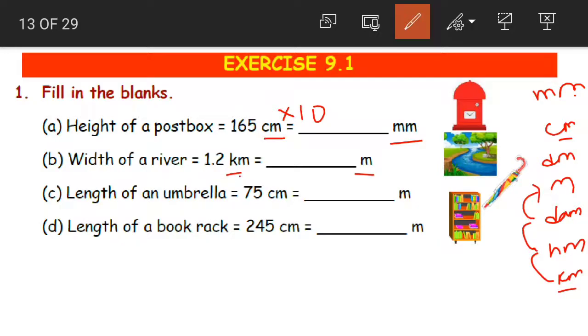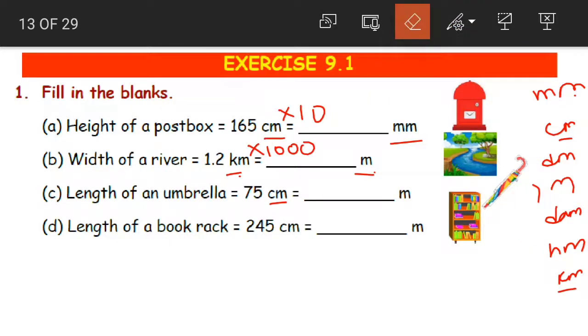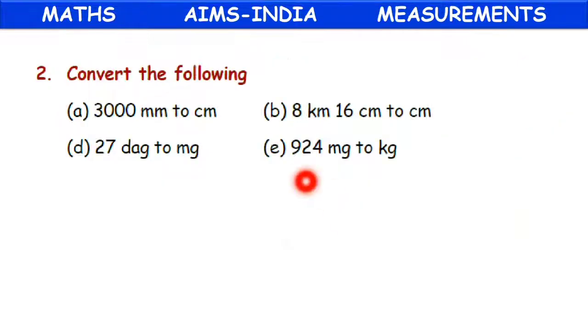Again this is also higher to lower. So we'll multiply by 1000. Centimeters to meters. Now this one, if you see, this is conversion of lower unit of measurement into higher unit, and 2 jumps are required. So we'll divide the centimeters by 100. Again centimeters to meters. What should we do, children? We need to divide by 100.